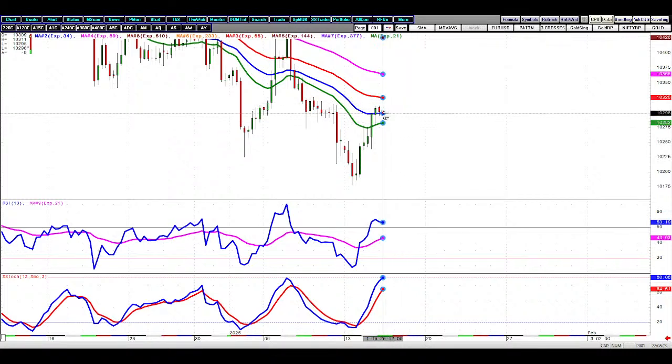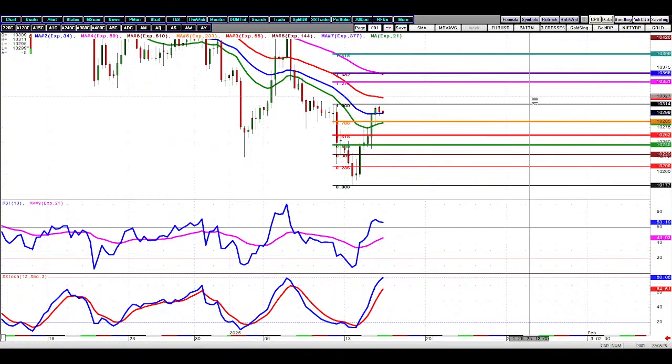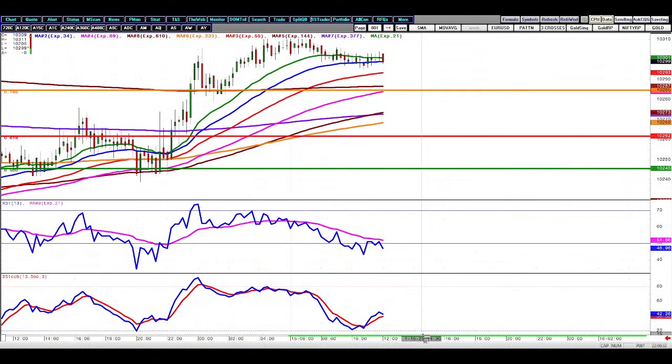Okay, if this is not true, then we may see the price moving towards 10360, okay, which is also the same.